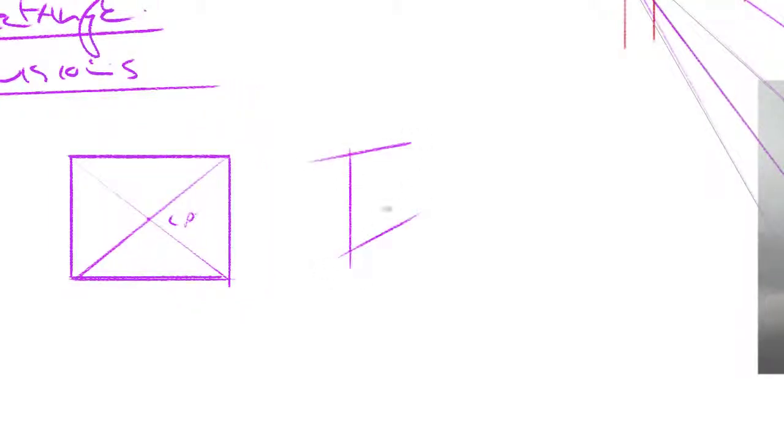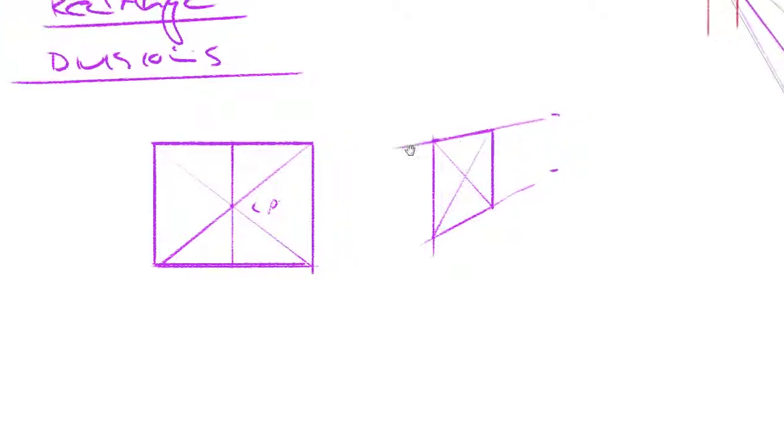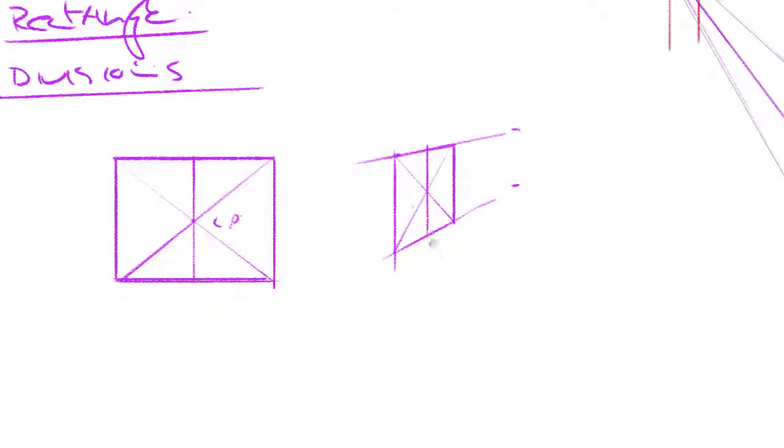So if I have perspective, those two lines converge to a vanishing point, and I've got this rectangle here. I can actually just connect up these corners and find center in perspective as well. Now if I draw a line vertically through this point, I'm following these lines, staying true.